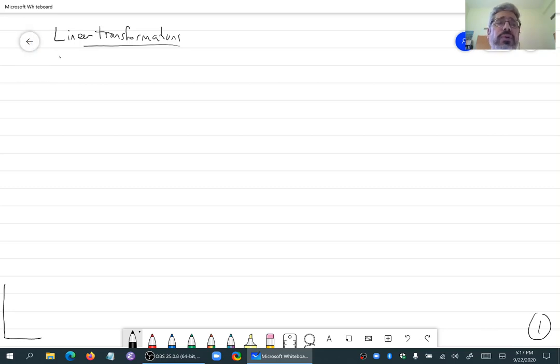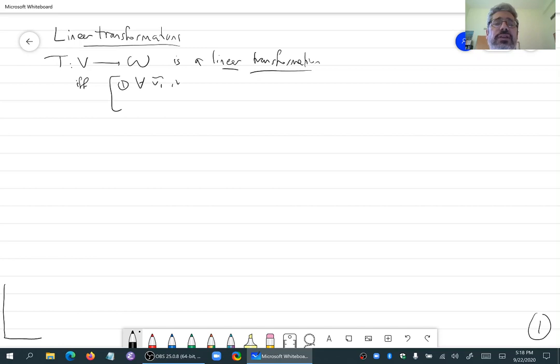So remember, T, which is a function from a vector space V to a vector space W, is called a linear transformation if and only if you have two conditions. First of all, for all V1 and V2 in V, T of the sum of V1 and V2 is the sum of T of V1 and T of V2.